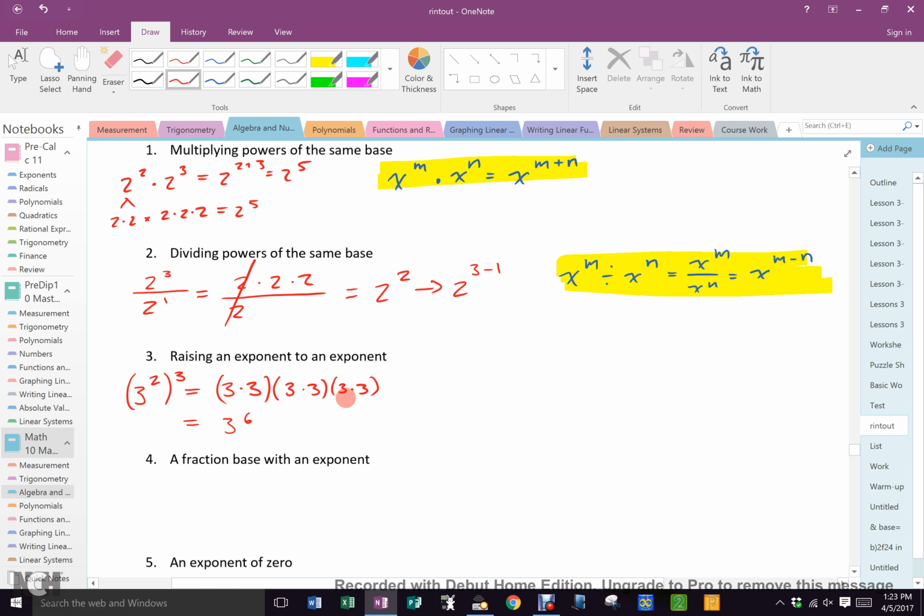So the shortcut is 3 to the 2 times 3. Everybody good? X to the m to the n is x to the m times n.